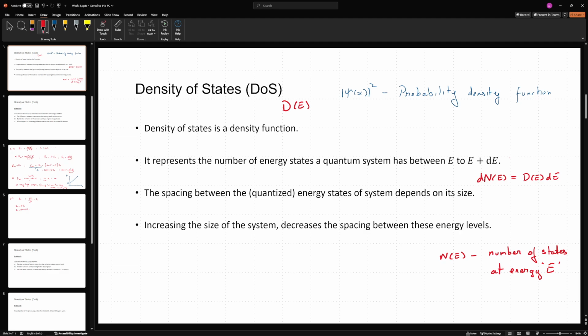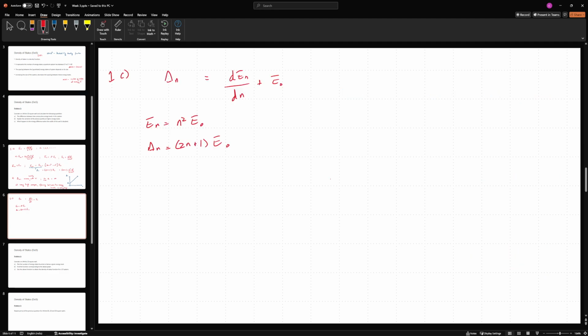So this essentially tells me that if I look at a finite window, essentially what I'm saying is, if I'm looking at the energy levels like this, so this is not a graph, I'm just drawing this.